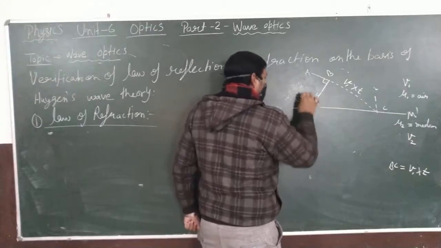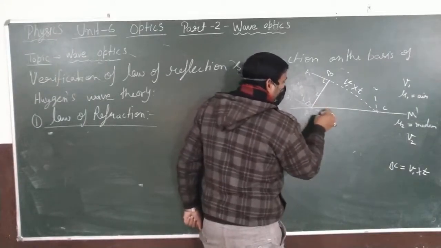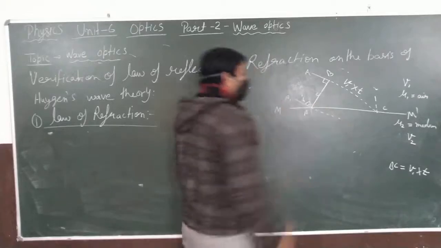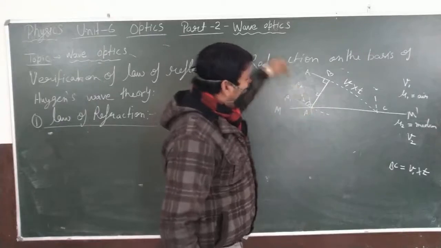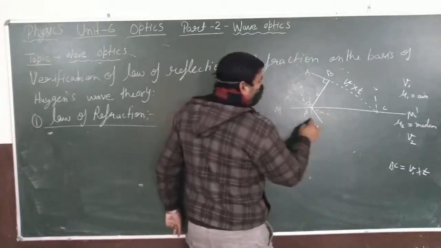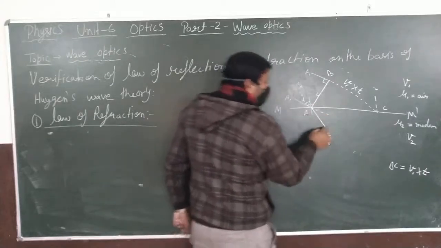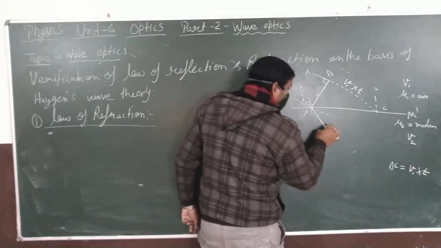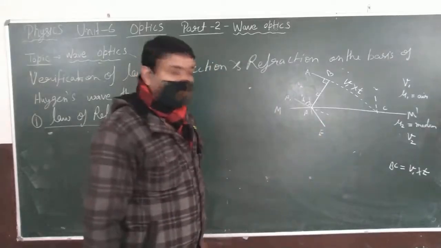Now, in the same time t, this is the angle of incidence I, and the ray would usually travel in this direction, but due to refraction it bends towards the normal and travels to point E. Clear?